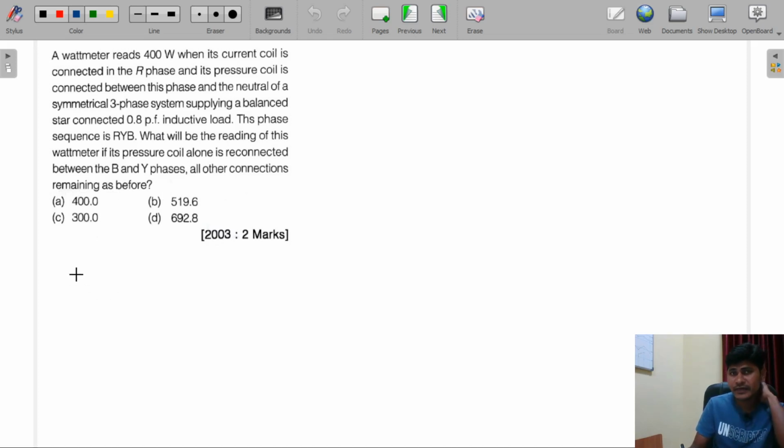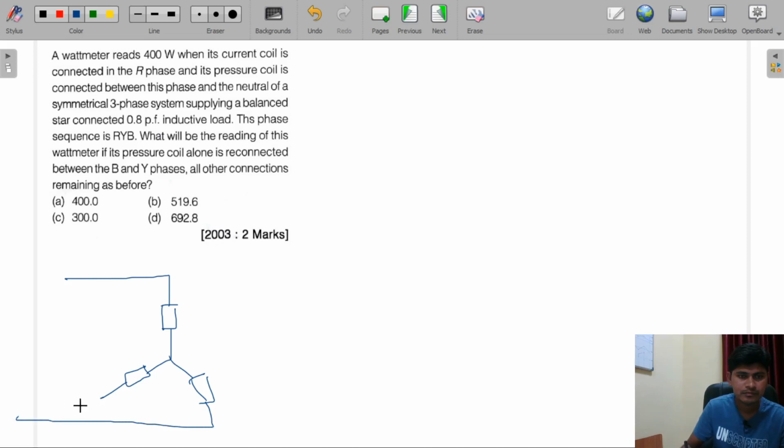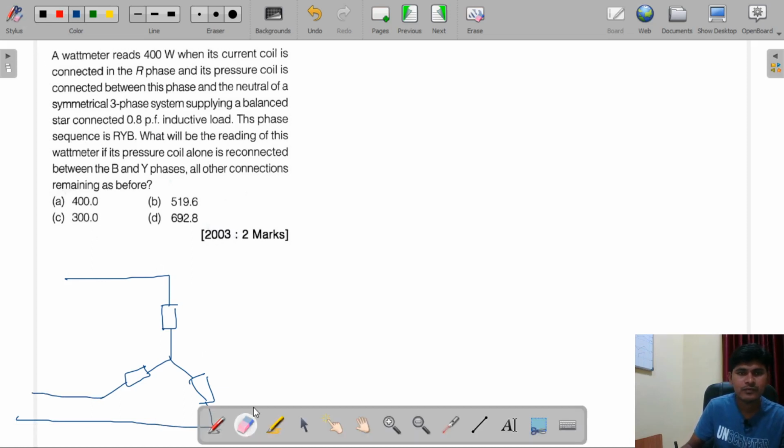Wattmeter reads when its current coil is, see, let us take a balanced three-phase load. See here, the wattmeter reads 400 watts when its current coil is connected in R phase.